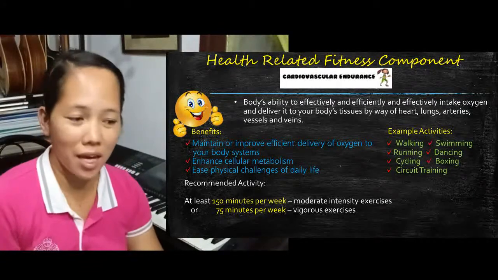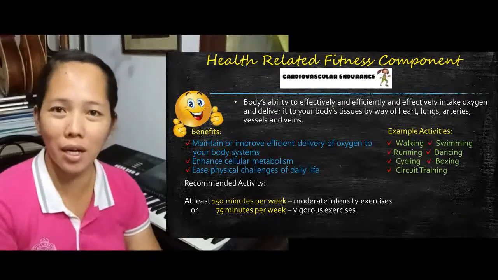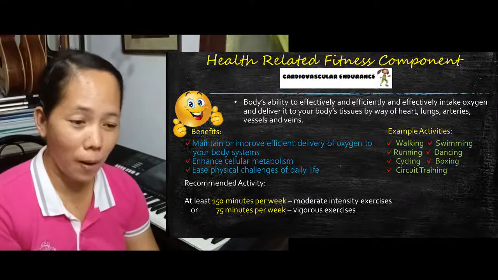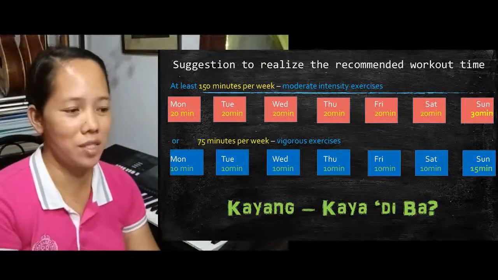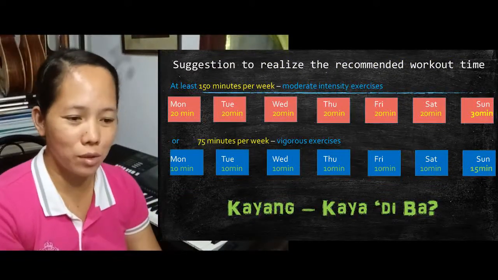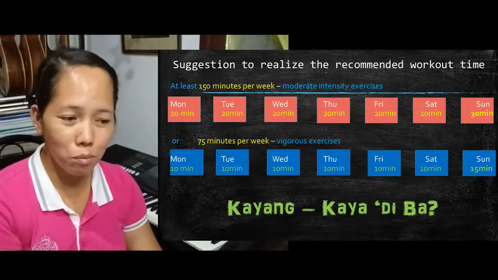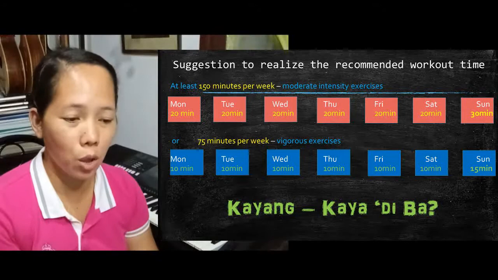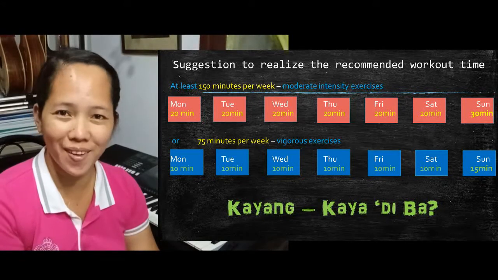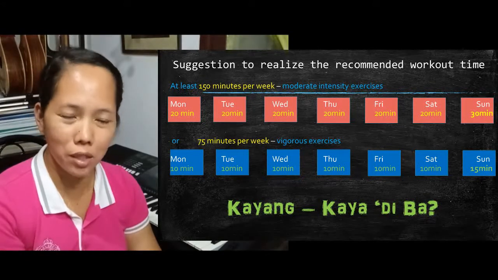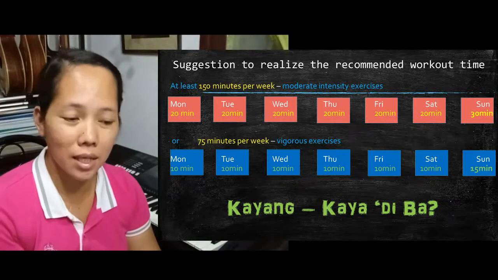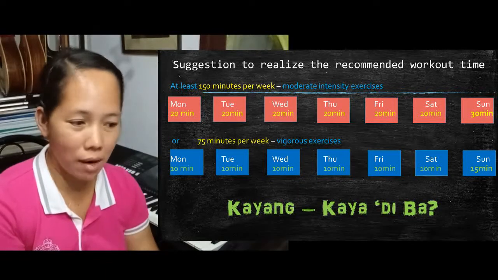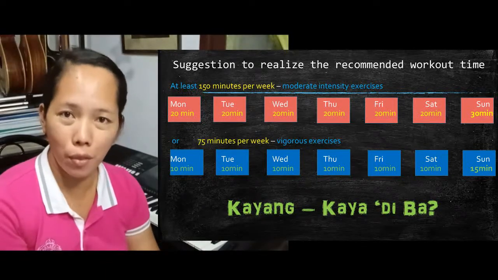So on the next slide, okay, so I presented here a suggestion to realize this recommended workout time. So kung moderate ang imong plano nga exercises, sa iyang recommendation nga 150 minutes per week, so I gave you a budget here of how many minutes nga time we could spend per day throughout the week.